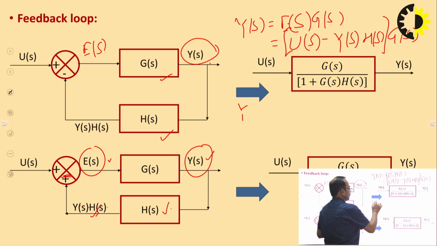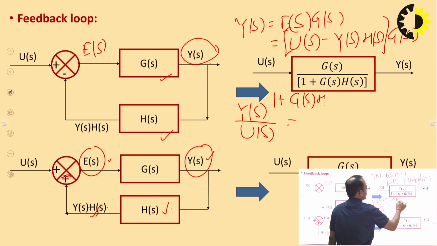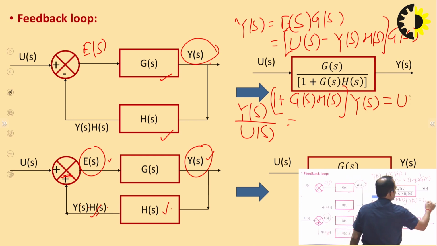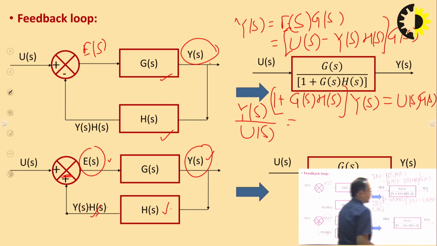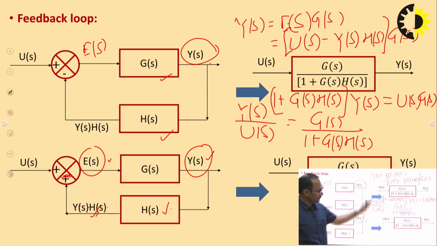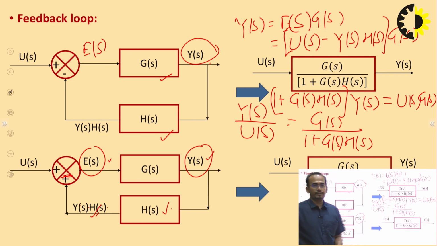If I transfer this factor to this side, I get 1 plus G(s)H(s) into Y(s) equals U(s)G(s). So, Y(s) by U(s) will be equal to G(s) upon 1 plus G(s)H(s). Similarly, you can find it for the positive feedback system. This is for the negative feedback system and this is for the positive feedback system.